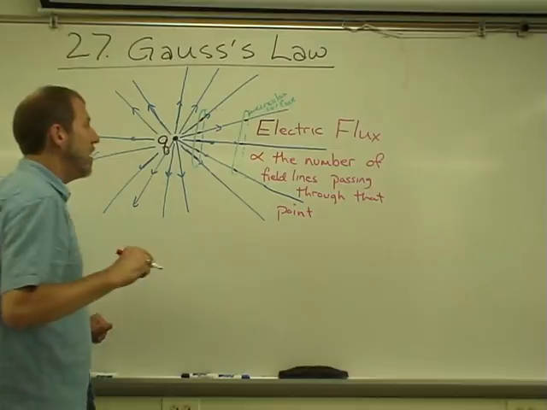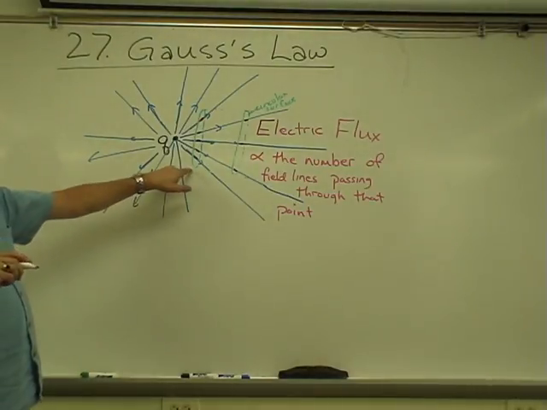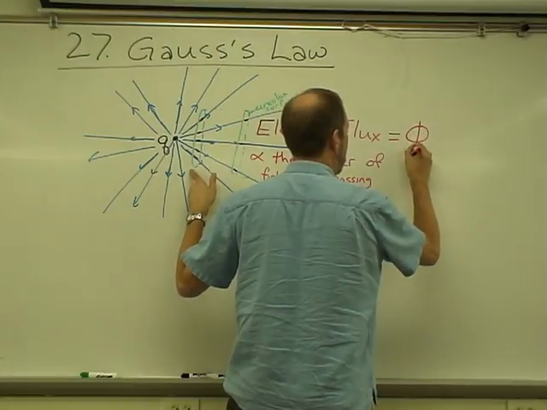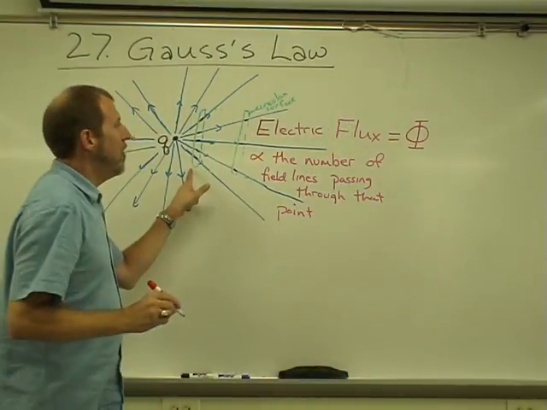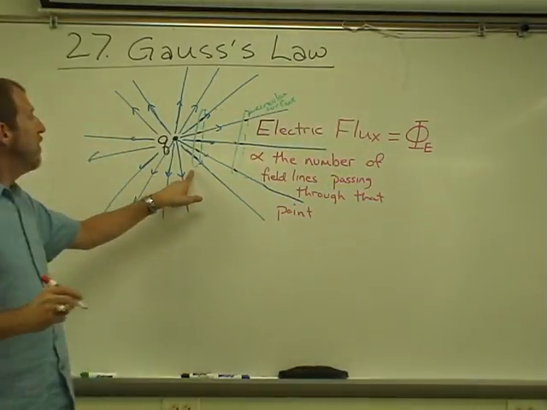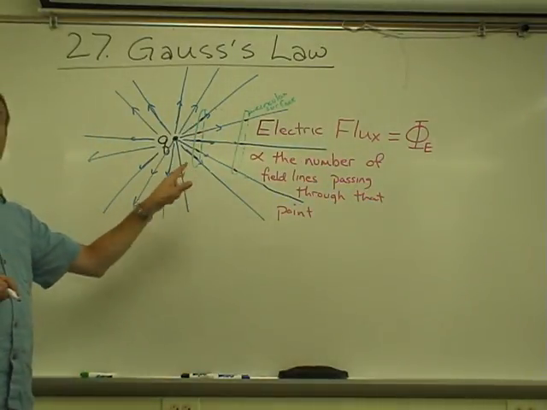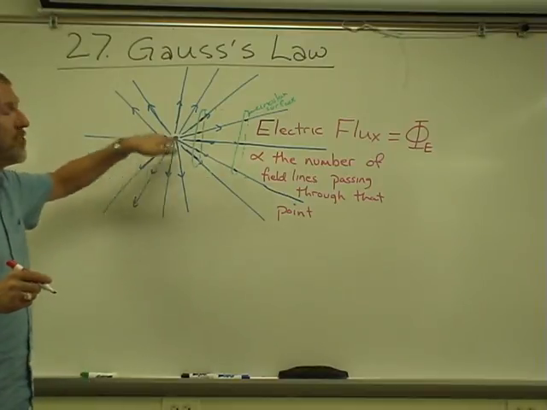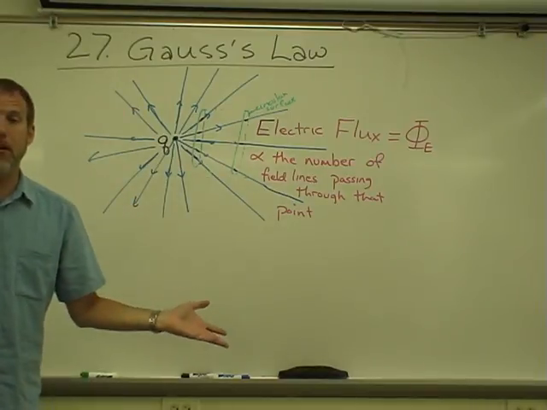Now, I can't just say that the electric flux, and I'll use a capital Greek letter phi for the flux, is 5 here and 3 here. I cannot say that because the number of field lines is utterly arbitrary.